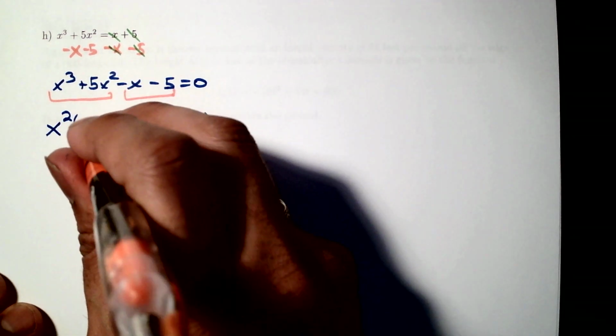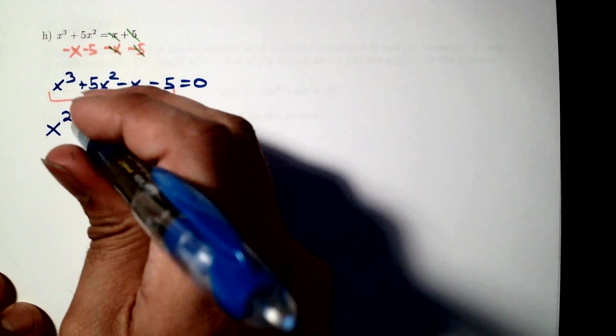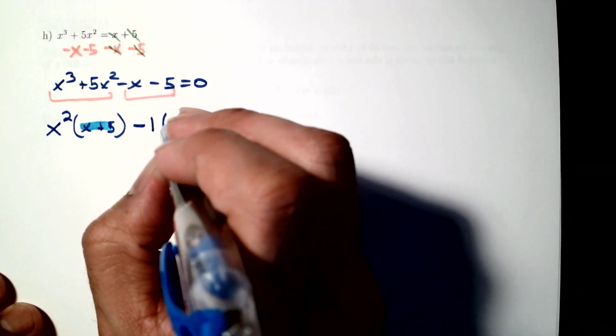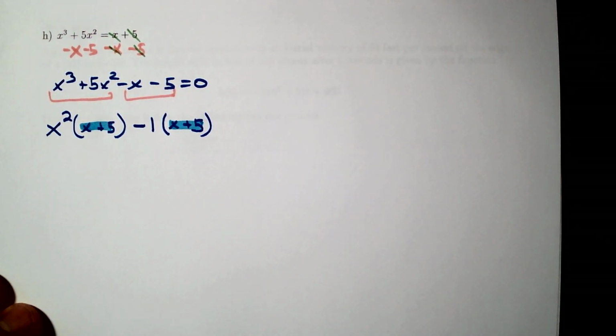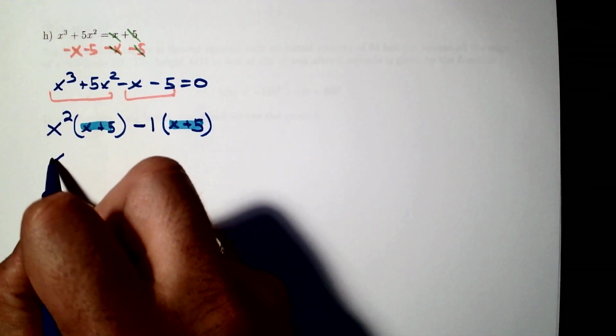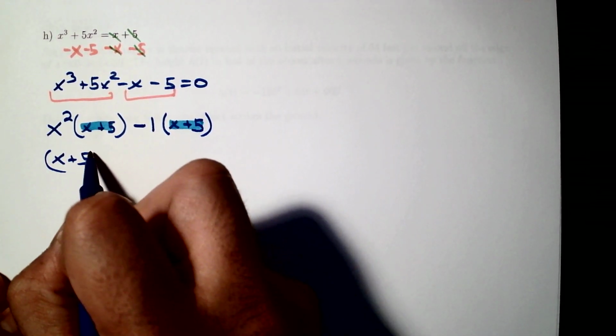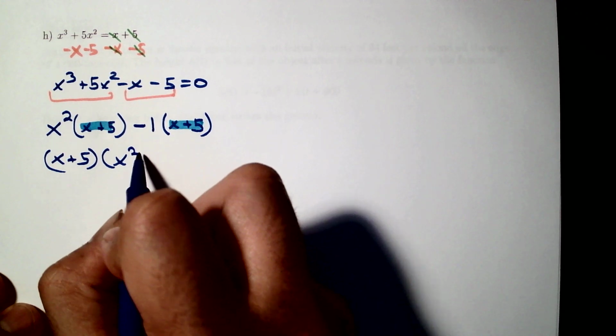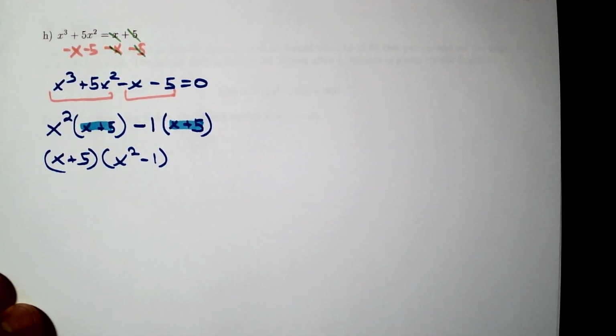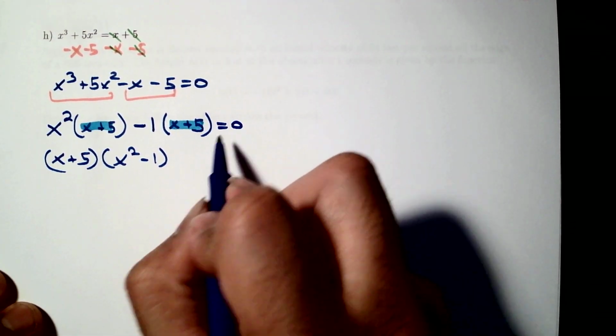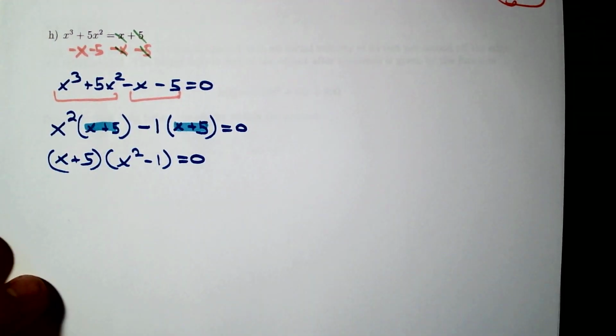So I'm going to factor that out. Let me highlight this with blue so you can keep track of this. And that's going to give me x plus 5 times x squared minus 1. Don't forget the equal to 0.